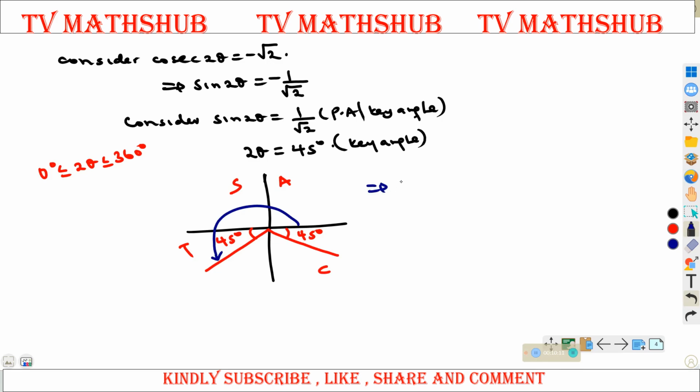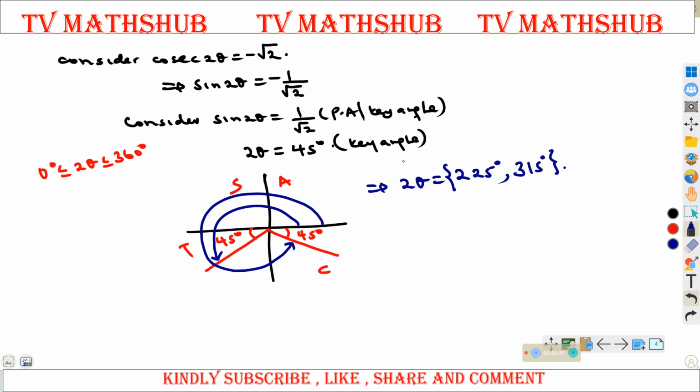So we shall have that angle. This implies that your 2 theta is the same as, the first one is 180 plus 45 degrees, which is 225 degrees. Then the next one is this angle from here up to this given point, and that is 360 minus 45, which is 315 degrees.